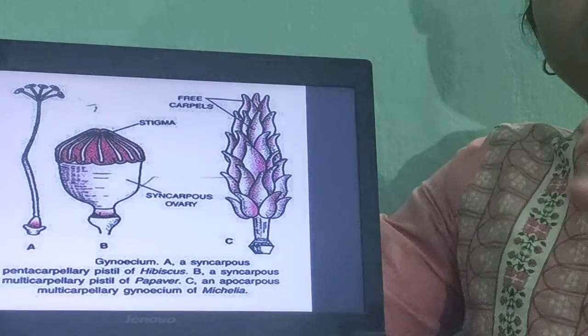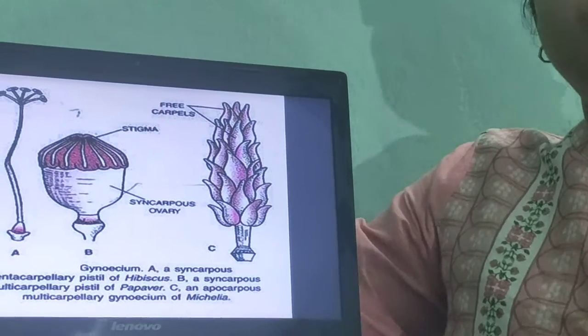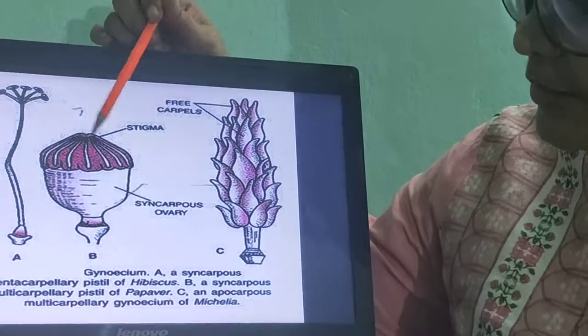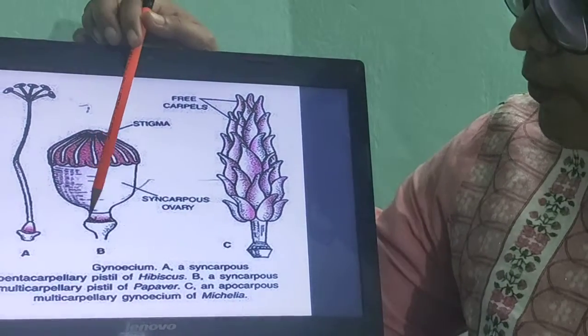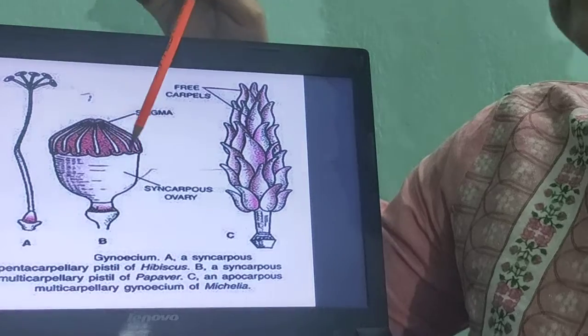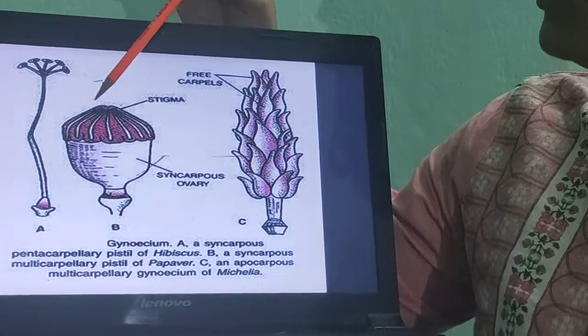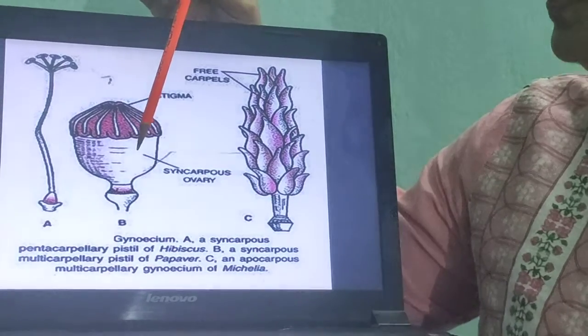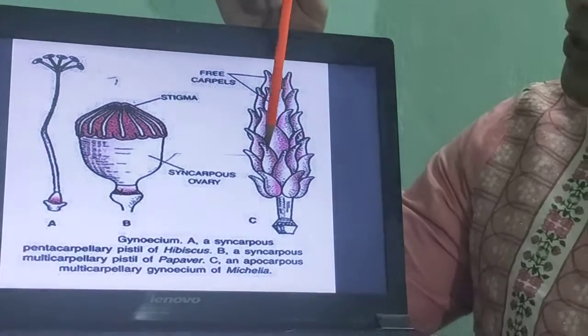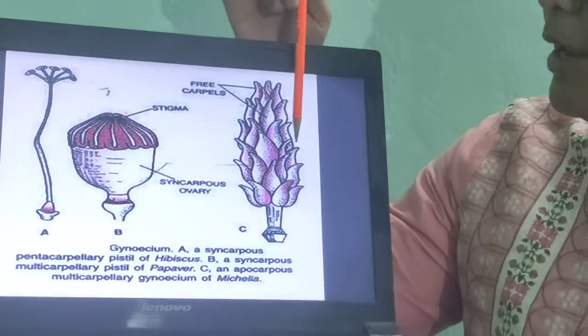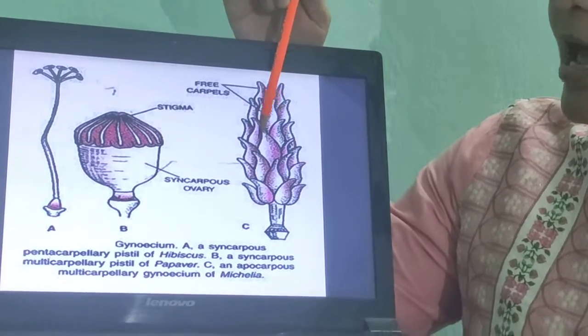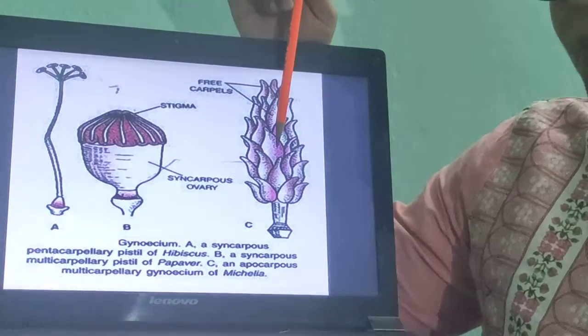But in some flowers the carpels are fused like this. The carpels are fused, known as a syncarpous ovary. Here you see the carpels are fused and appear as if one. And in some cases the carpels remain free like this, and this is known as apocarpous.